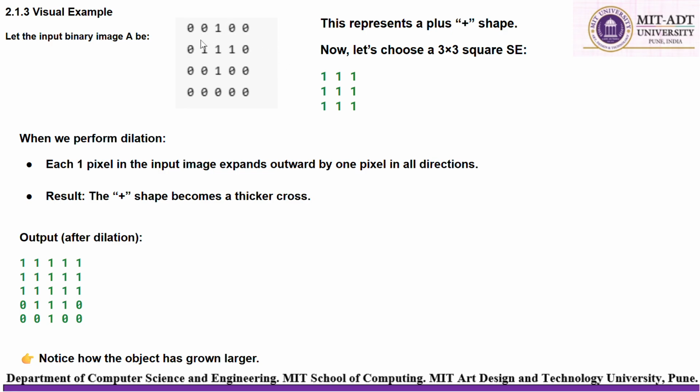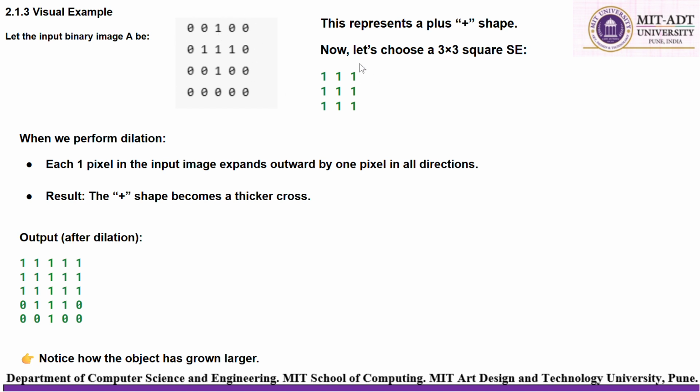Now let us choose one 3 by 3 square, because this plus symbol falls in the first three columns. That's why I'm choosing a 3 by 3 square with all pixel values as ones. This is my assumed structuring element.